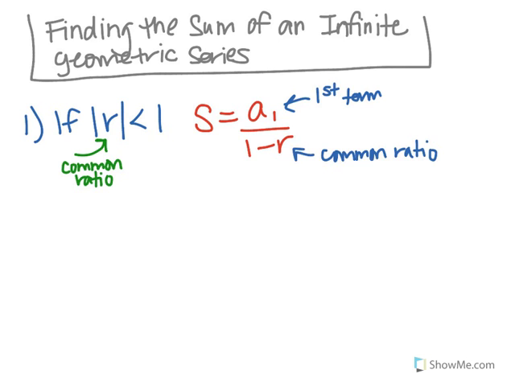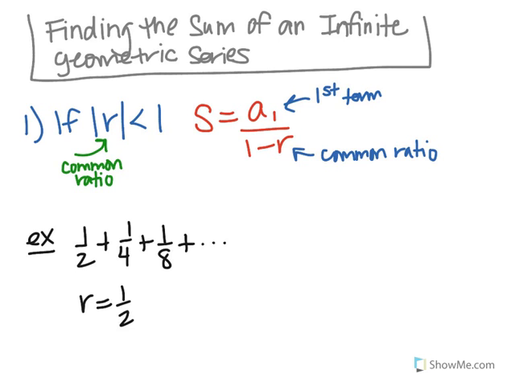So let's go back to that example that I gave a few minutes ago, the 1/2 plus the 1/4 plus the 1/8, where I found the sum of the first 10, 30, and 100 terms, and I found out that the sum was approaching 1. Now if I look at it, the common ratio is 1/2 because that's what I'm doing to get from one term to the next, multiplying by 1/2.